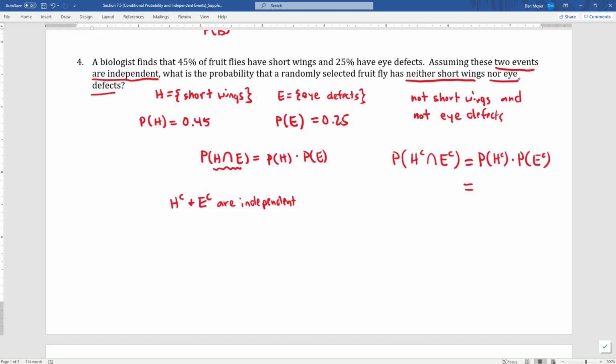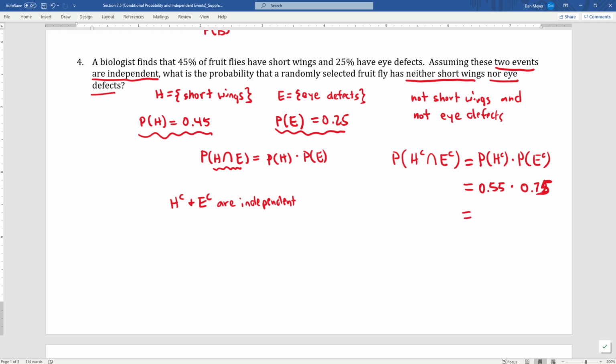H complement will be 1 minus 0.45, so that'd be 0.55. And the probability of E is 0.75, so the probability of E complement is 0.25.